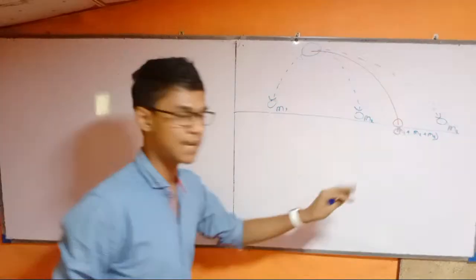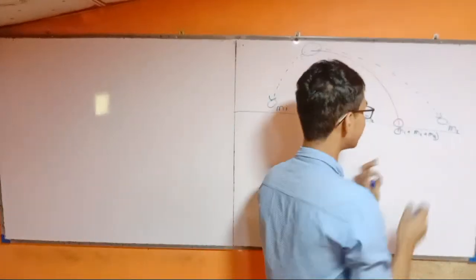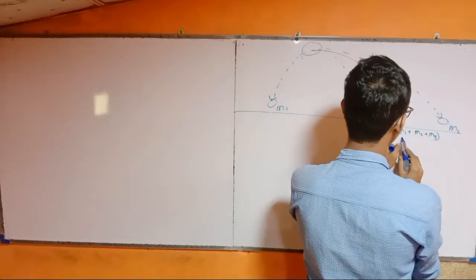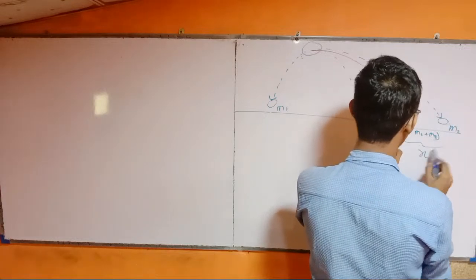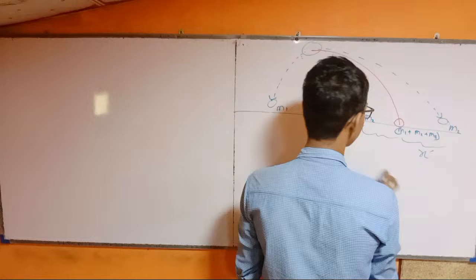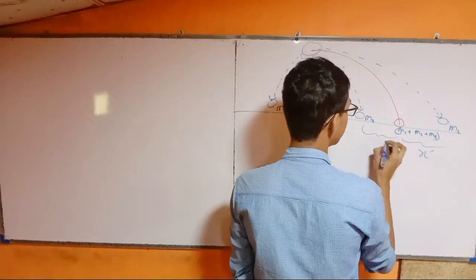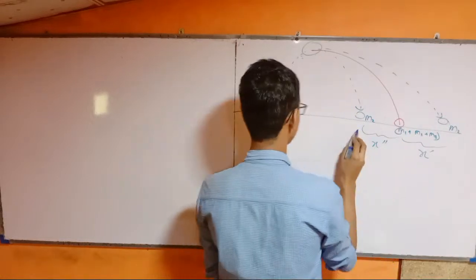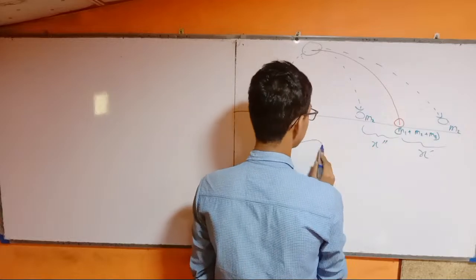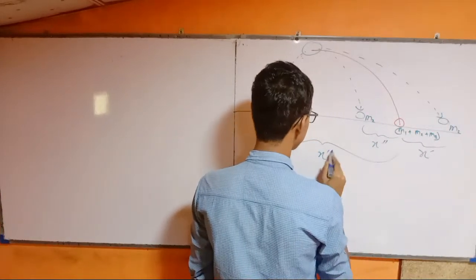The same thing as in the balancing rule. Let's say from here you don't know this x dash, this one is x double dash, and this is x triple dash.